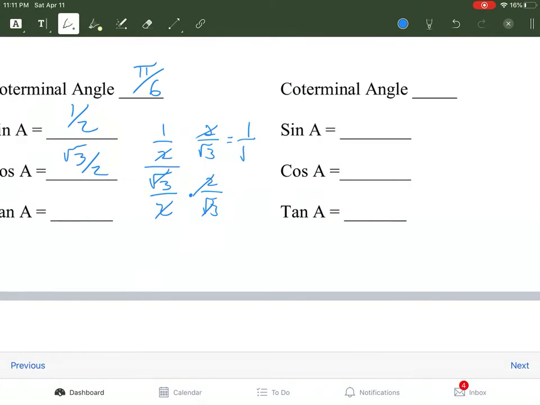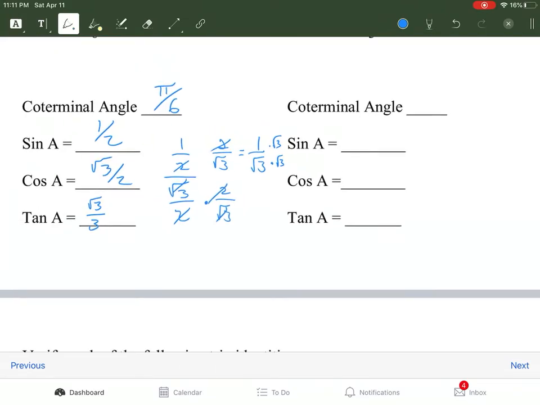All this cancels, and we're left with 1 over the square root of 3. Now, like before, we can't leave square roots in the bottom of a fraction, so we multiply by the square root of 3 to the top. So we have square root of 3 divided by 3. That is the tangent of pi over 6.